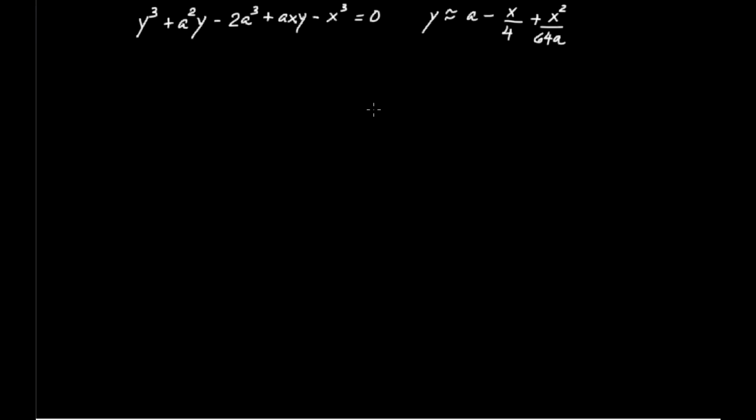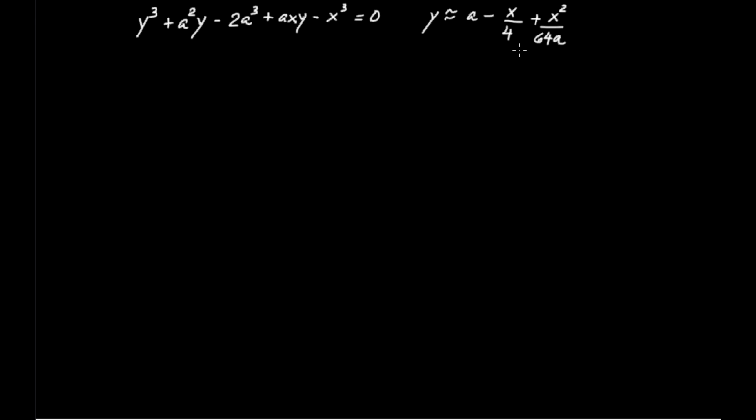The method for obtaining the other terms from here on out is just rinse and repeat. This is the term that we had as an approximation for q, and I had a polynomial in terms of x and q. What you do to continue on is you tack on an additional factor, let's say r. You have q is equal to x squared over 64a plus r.